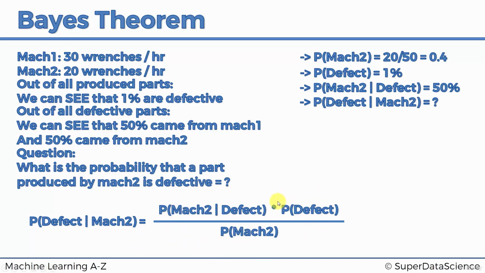We'll start from right to left. We'll take the probability of a part being defective overall. We will need to multiply that by the probability that a part came from machine 2, given that it was defective, and we'll need to divide that by the probability of the part coming from machine 2.